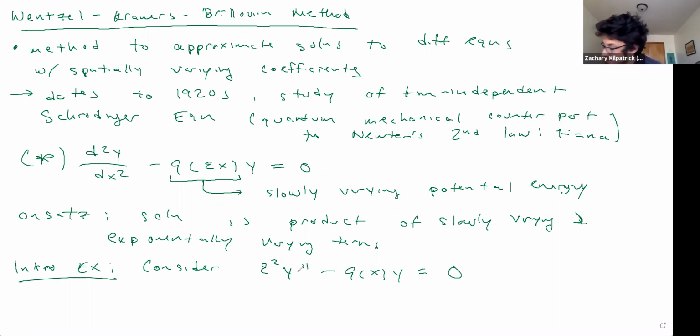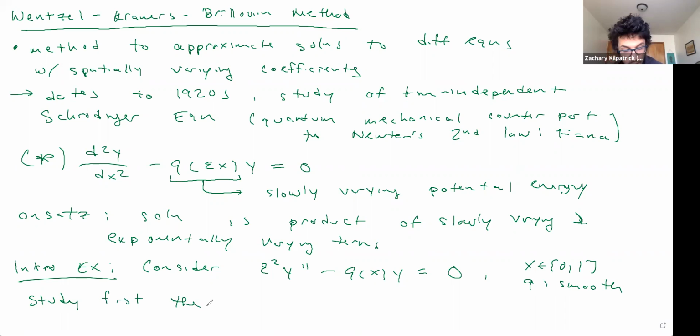So this will be a boundary value problem on just the unit interval. We're going to assume that q is smooth, so we can take as many derivatives as we need for it, okay? And we're going to study first the q of x equals q constant case.